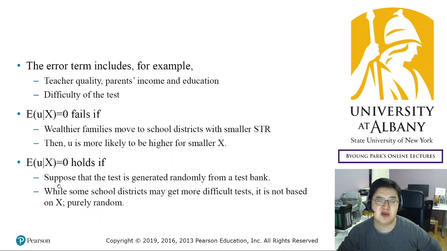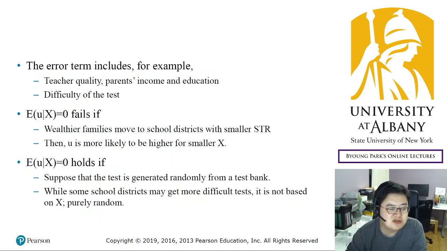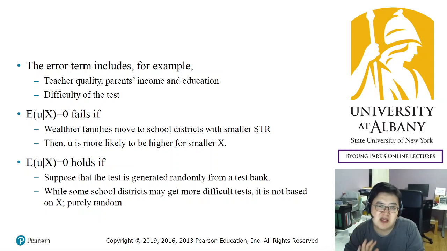Because you may think like this, I guess the test is sufficiently random. It's like randomly generated from a test bank. And then some school districts may get some more difficult questions just because of their bad luck. They were not lucky enough to get difficult questions, but it does not matter in the end because it's random and it is not based on the student-teacher ratio.